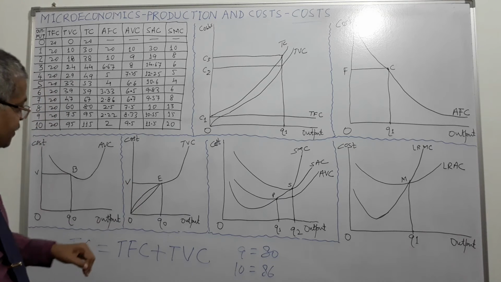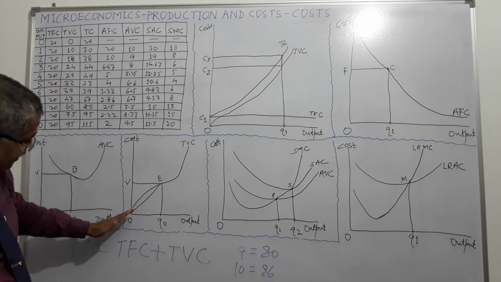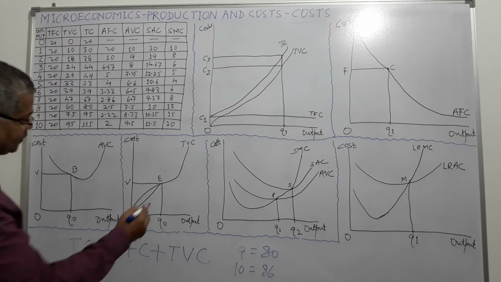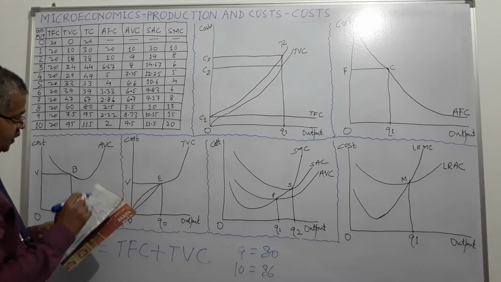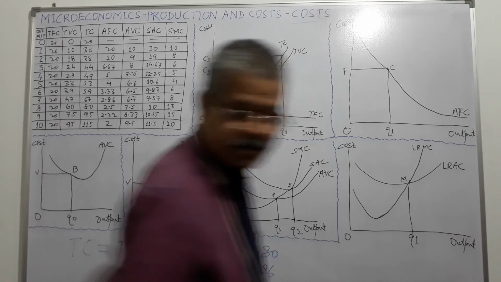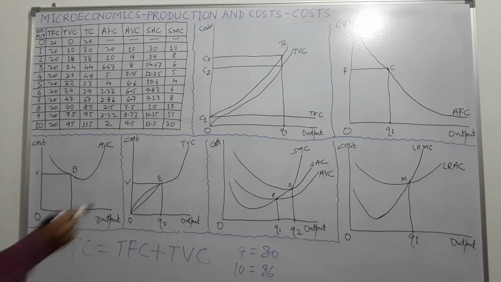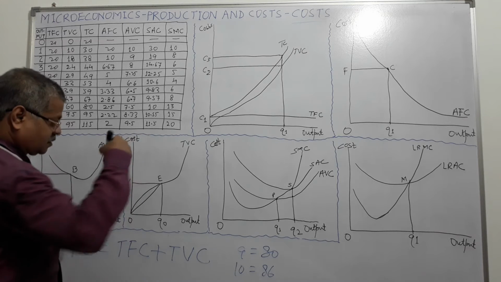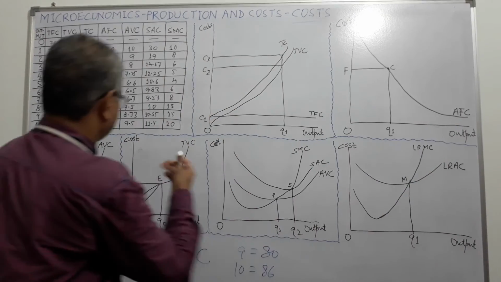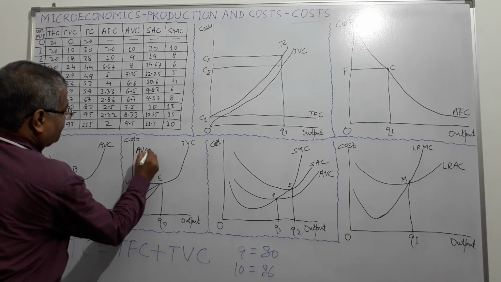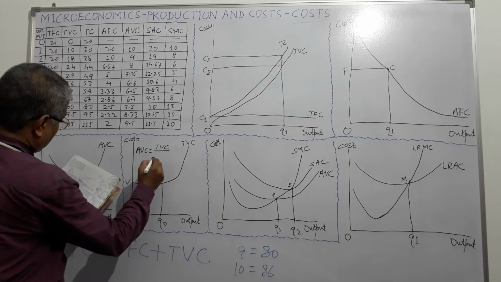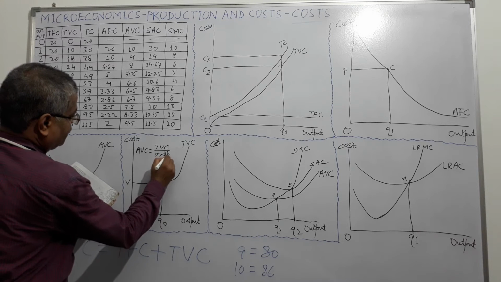So here you will find this one. Here it is a triangle. So what does it say? Average variable cost is equal to TVC, total variable cost, upon output, right?